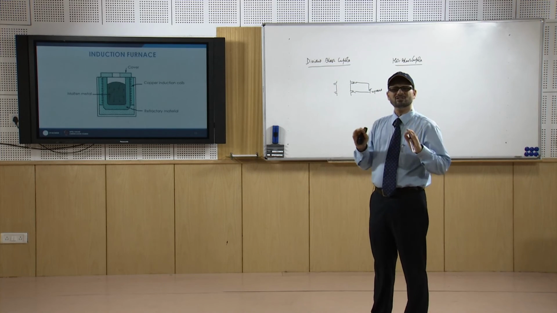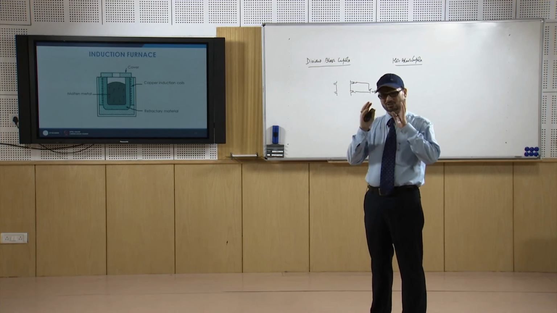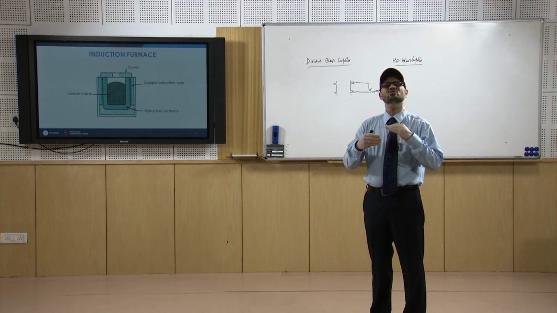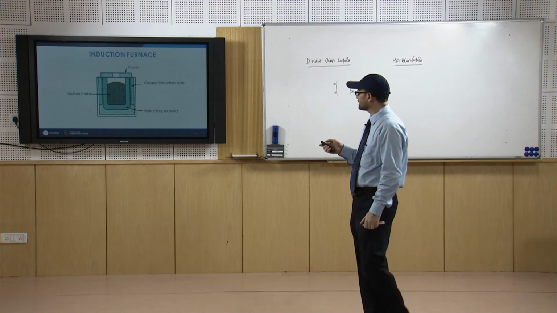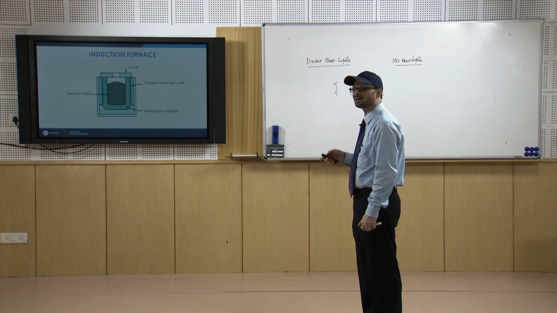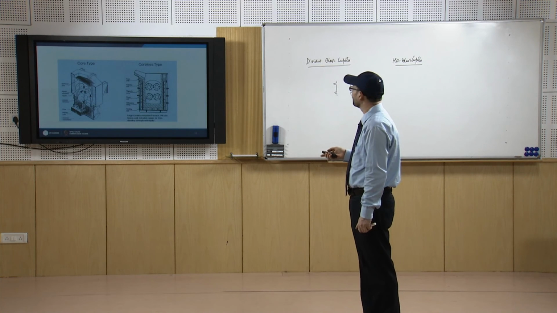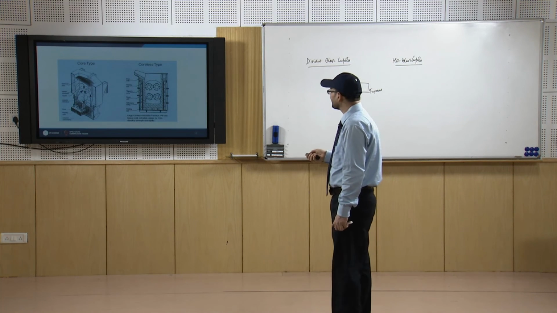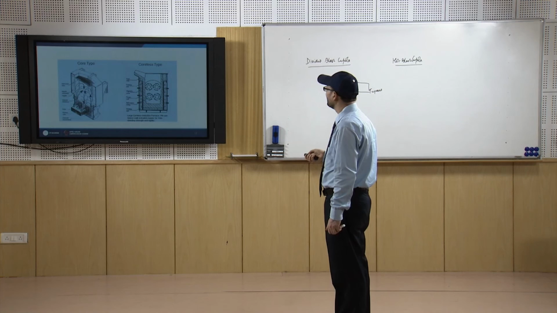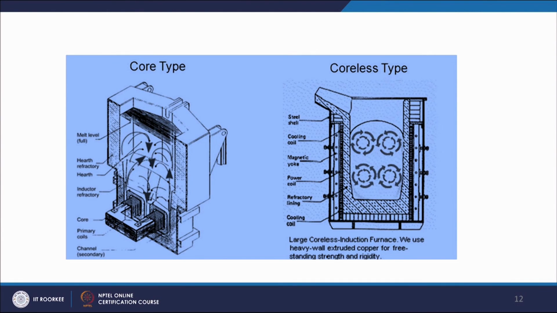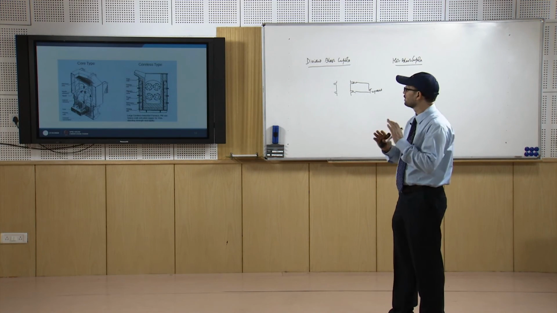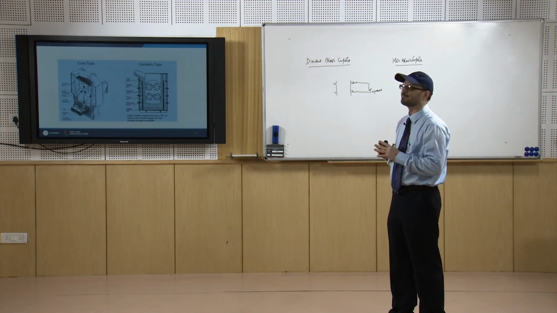In the induction furnace you have two varieties: one is the core type and another is the coreless type. This is a coreless type of induction furnace. You may have the presence of a core, and that is known as the core type of induction furnace.